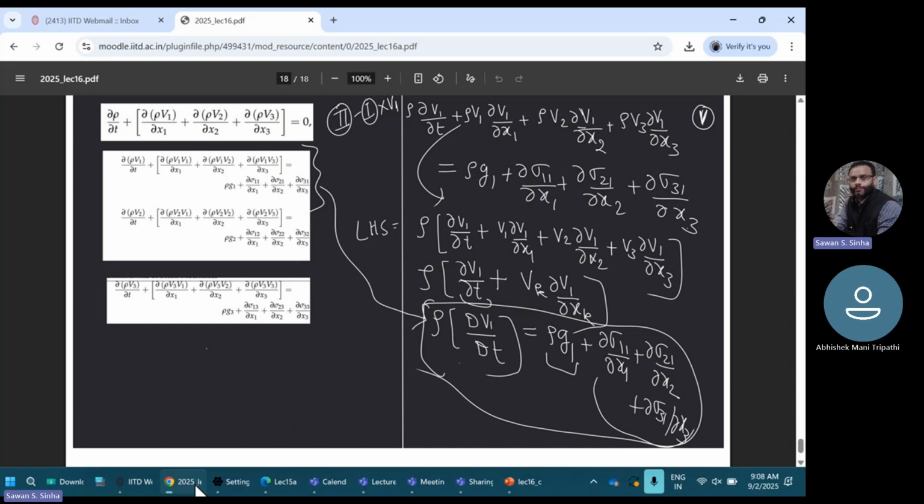Are we in a position to do that? If I want to get the equation for V2, what will that be? Recognizing the pattern only. Left hand side I will have this.